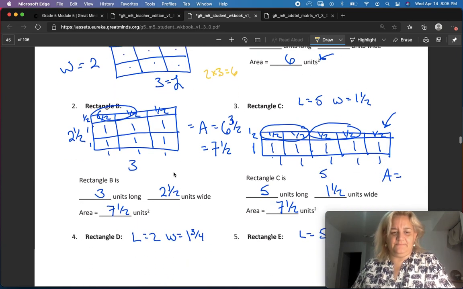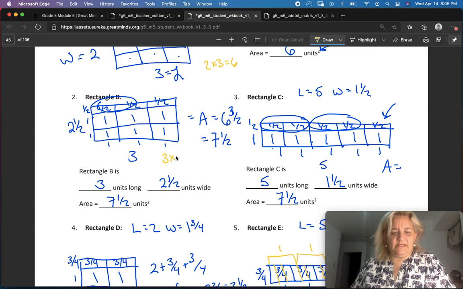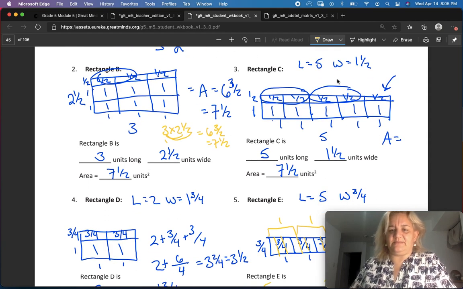Yep, that's what we got. 3 times 2.5 would be 6 3/2, which equals 7 1/2. Okay, let's double check the multiplication here. 5 times 1.5 would equal 5 times 1, and 5 times 1/2 would be 5/2, which equals 7 1/2. Okay, that's the same.